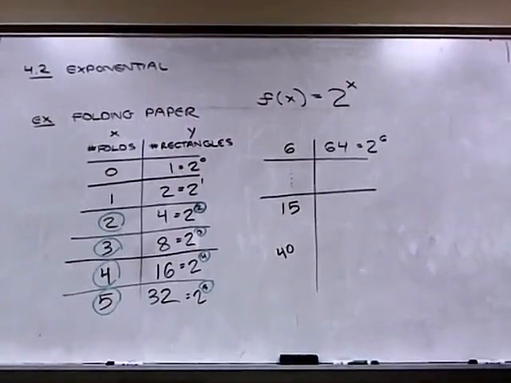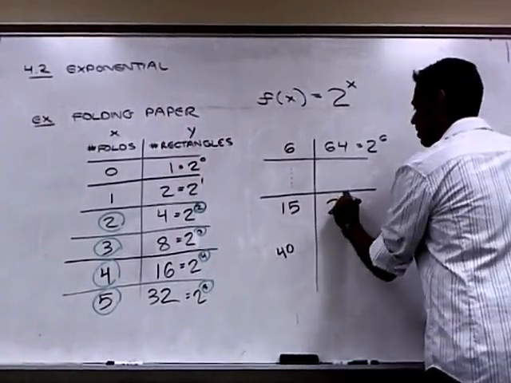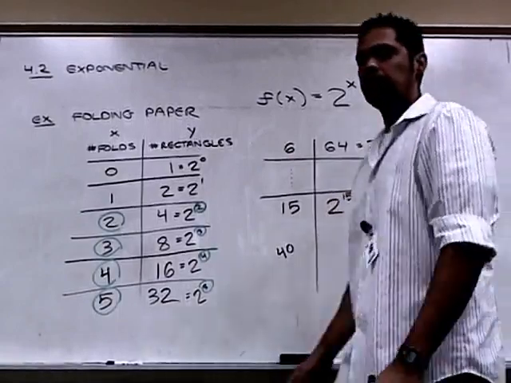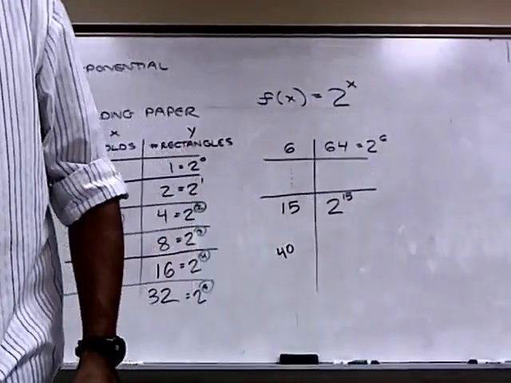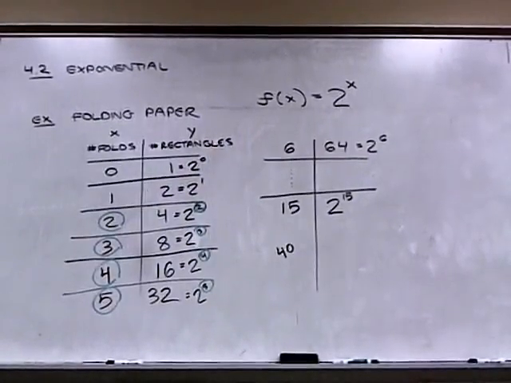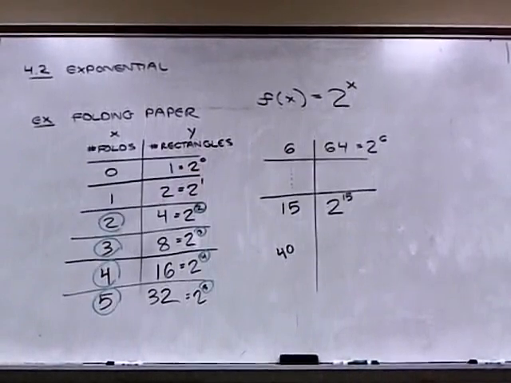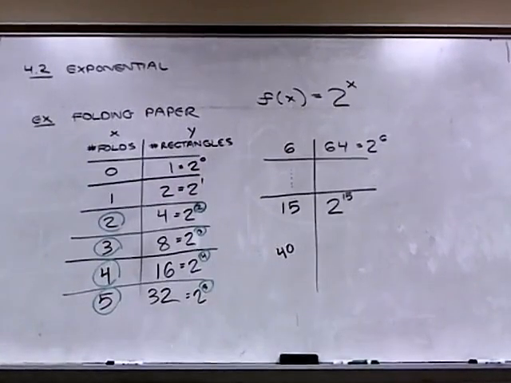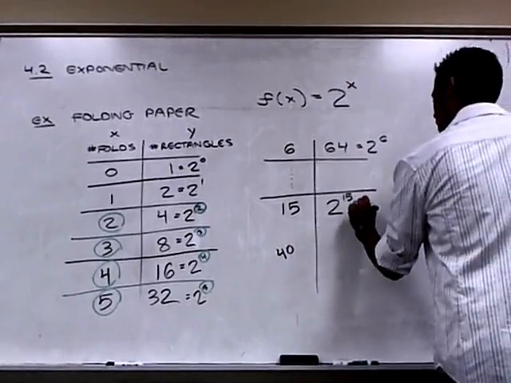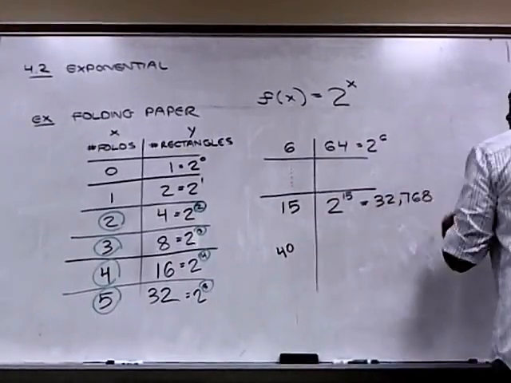Okay, so on your calculators, everyone, let's see if you can find a way to do 2 to the 15th power. And then we'll talk about why you can't fold the paper that way. What is it? See how you do. 32,768.